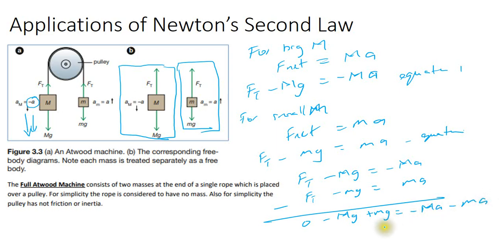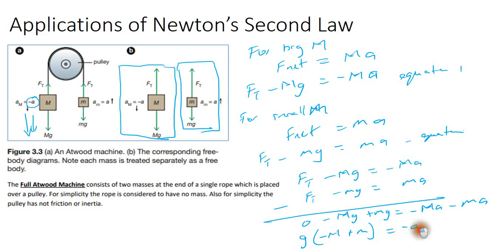Let's group these things and factor out a few things. Grouping G's by themselves, this is what we would get. G times negative M plus small m is equal to, let's factor out negative a.